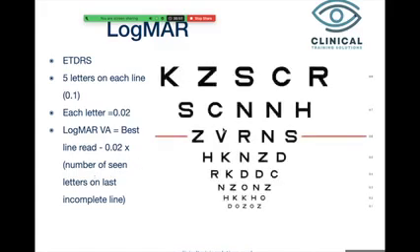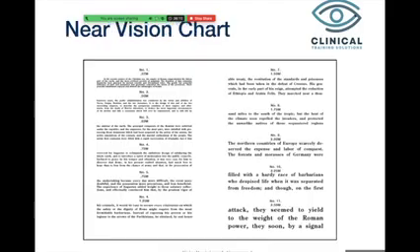So if you look at the chart, because you've got 5 letters on each line, you will be able to give the patient a score, and then you will see if they've got good vision, or more importantly, you can compare them visit to visit, or you could compare their vision before surgery with after surgery. So logMAR charts are very, very useful for doing that.